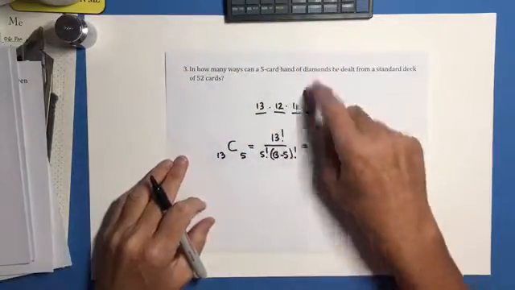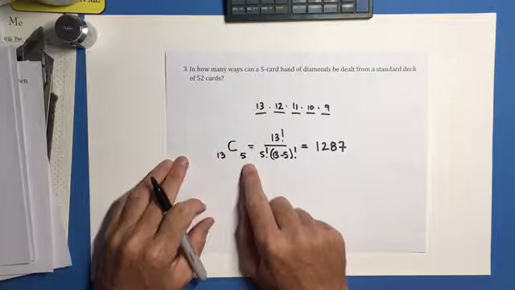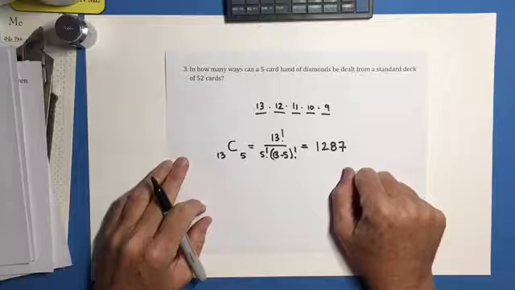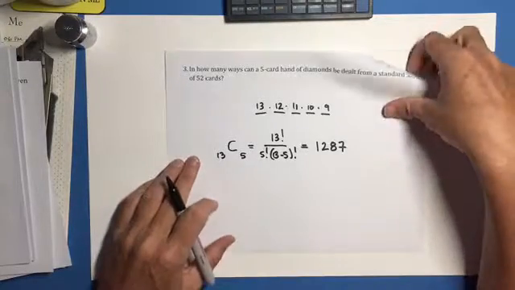It's only 13 diamonds to choose from, so 13 choose 5. 1,287. Okay, there we go.